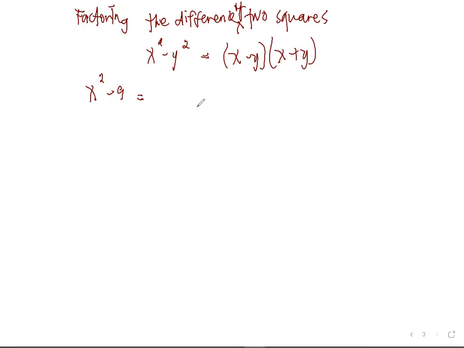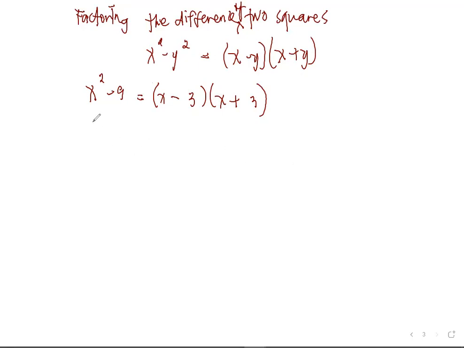Minus and plus, just like the rule. The square root of 9 is equal to 3. So the factor of x squared minus 9 is equal to x minus 3 times x plus 3. We are just simply getting the square root of the two numbers because they are both perfect squares.